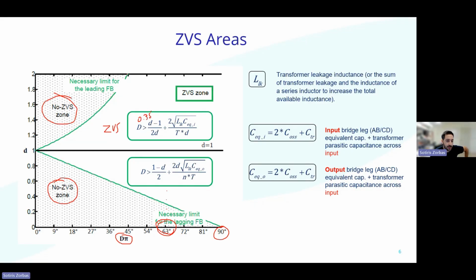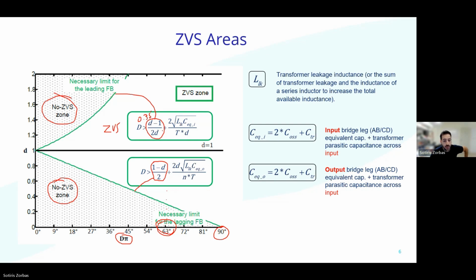Now, these two green lines, this first one explains this term, right? And the other one on the bottom explains that straight line.